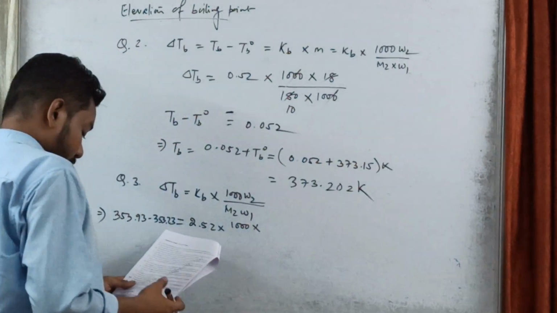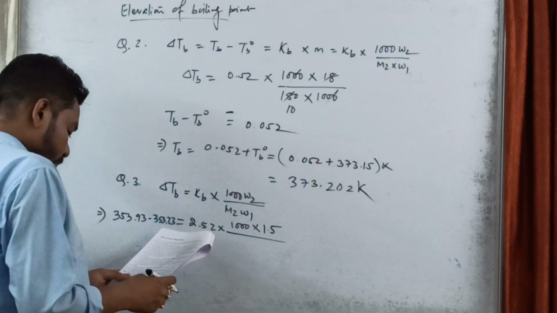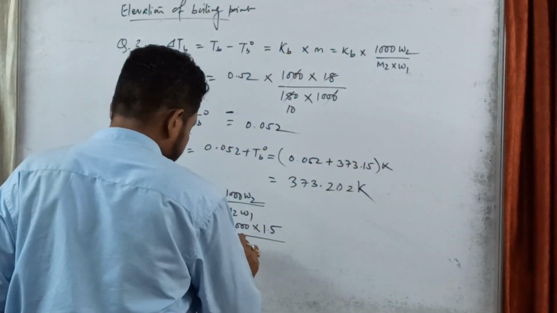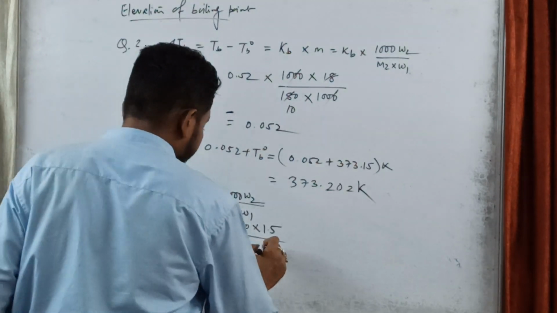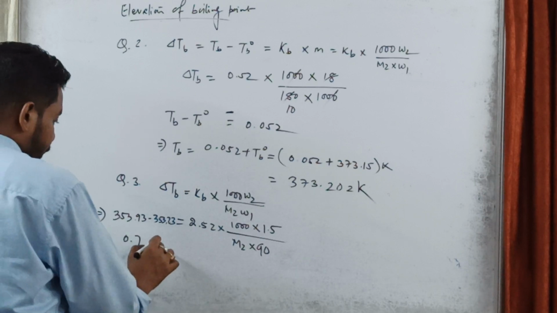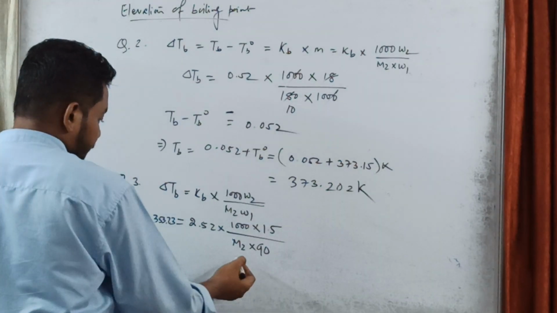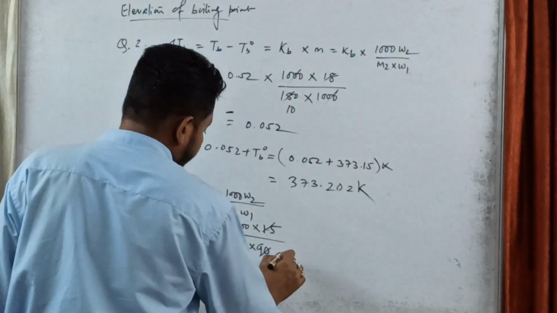W2 means 1.5 gram they have given. M2 is the molar mass they want to know. And W1 is the weight of the solvent, that is 90. So this value is 0.7, and you can simply calculate it, 1.5, that is 60.